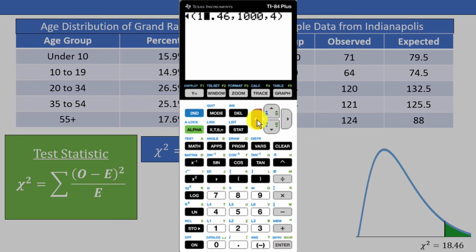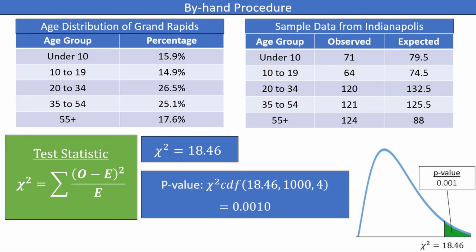On an older calculator, match this output with commas. Chi-square CDF, 18.46, comma, 1000, comma 4. Press enter, and you should get the same p-value as before, 0.001. This is the area in the right tail of the distribution. From there, you would make your decision and write a concluding statement as we did previously.